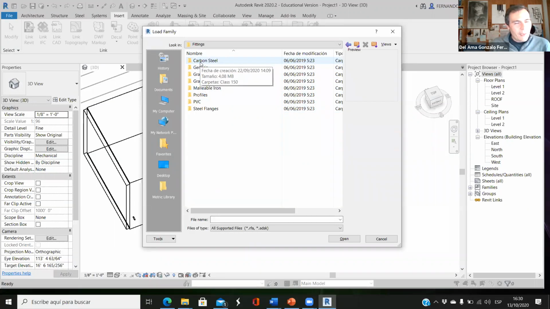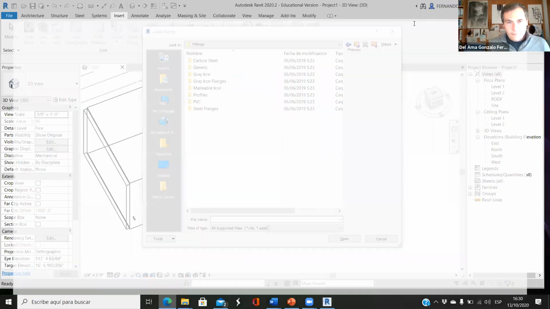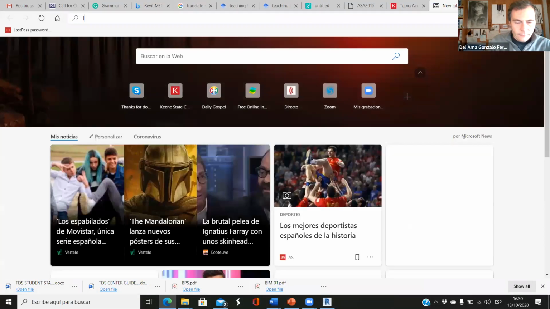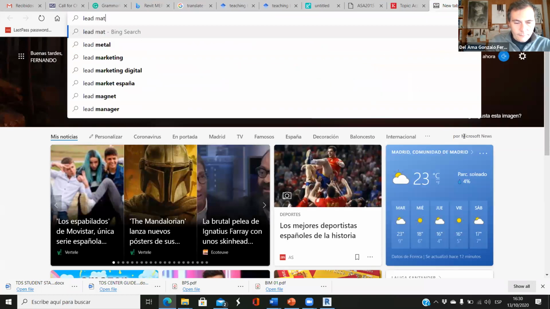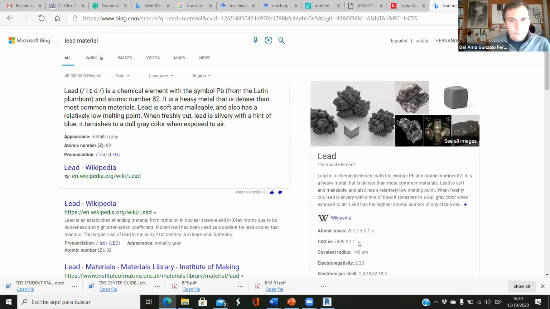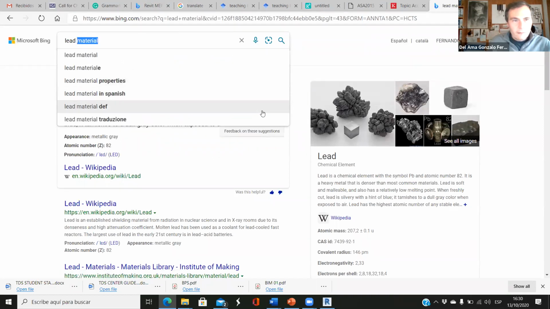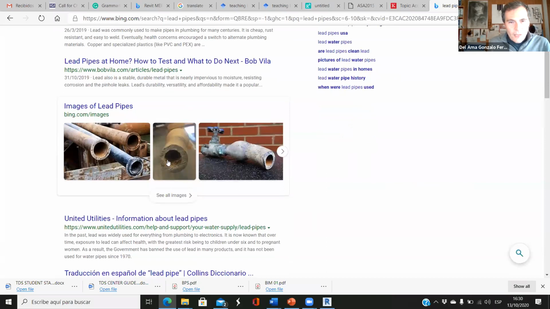Maybe at the beginning of the 20th century, plumbers were using, well, the plumbers, they are plumbers because they use lead. So plumbum, it's the Latin word for lead. Okay, this is lead, this metal, gray metal, and lead pipes. So those are lead pipes.